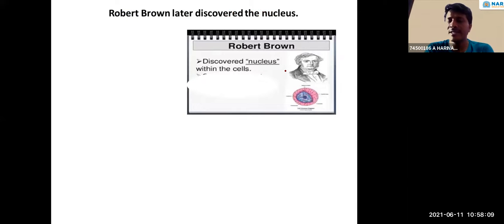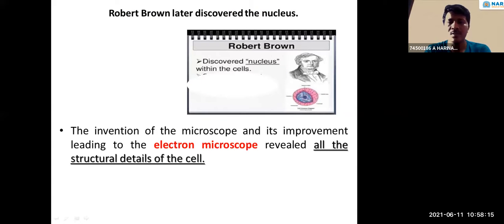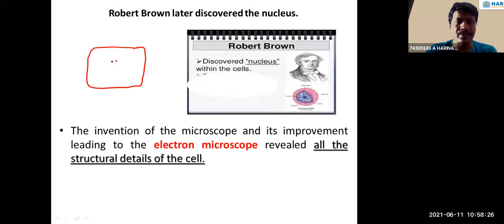Robert Brown discovered the nucleus. Due to advances in the microscope, different organelles were discovered. Due to the development of different types of microscopes, different organelles were discovered, like the nucleus.